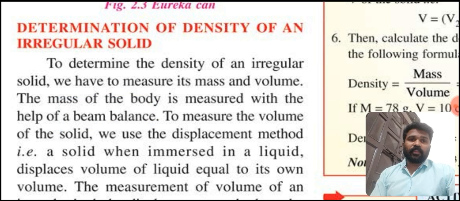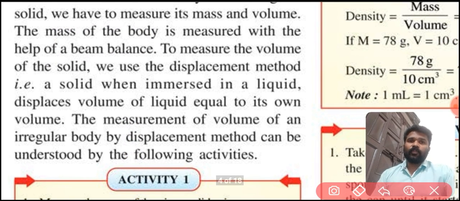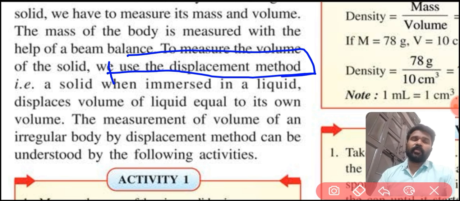To measure the volume of the solid, we use the displacement method. 7th class also, this one we have discussed. Please remember it. A solid, when immersed in a liquid, displaces a volume of liquid equal to its own volume.